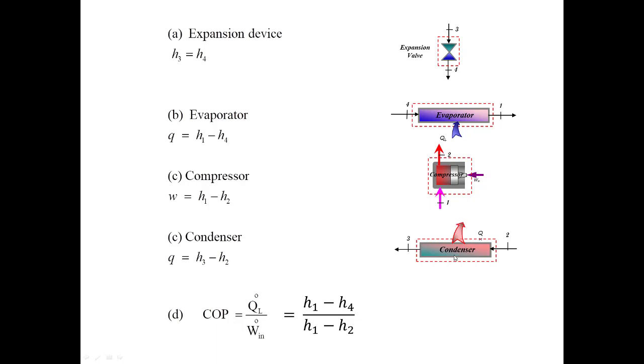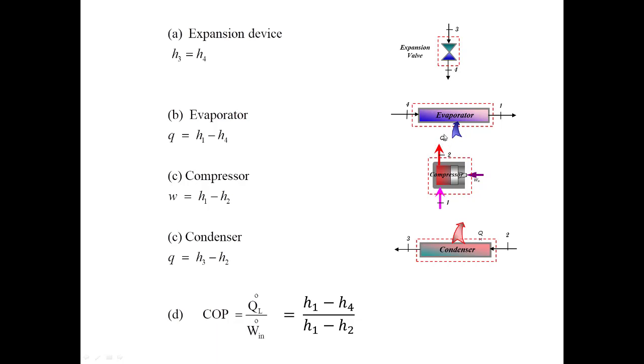And lastly, the condenser. In the condenser, the heat is rejected to the atmosphere. So the heat rejected in the condenser is equal to H2 minus H3. Now how to evaluate the performance of the ideal vapor compression system? The COP of the ideal vapor compression system is equal to the cooling effect produced, or the heat absorbed in the evaporator, divided by the work input.